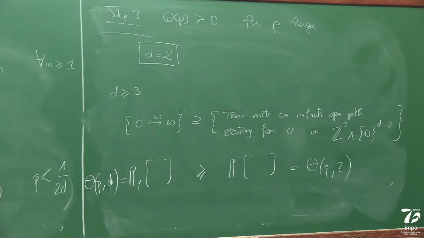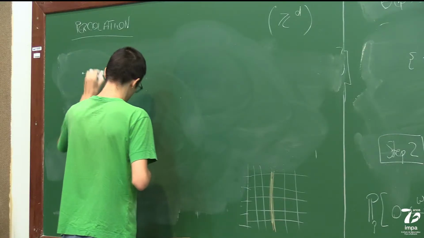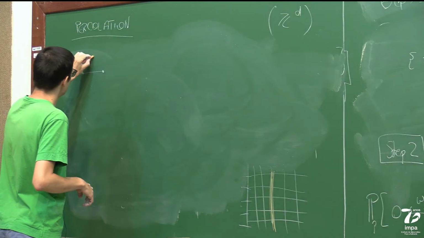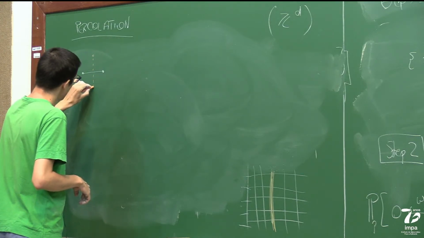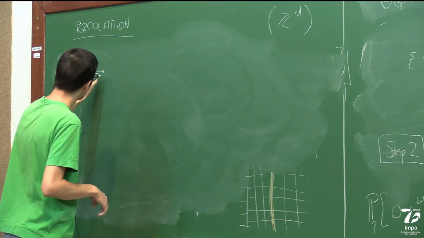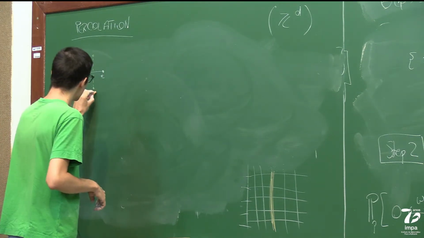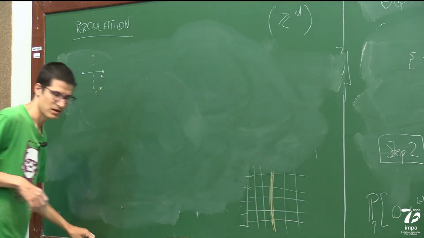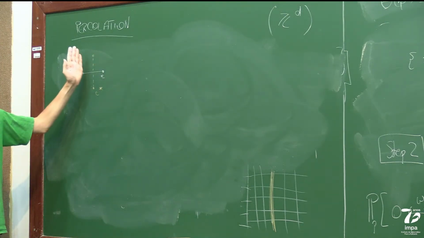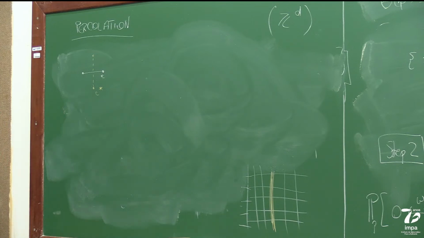Now we are going to use something more subtle, which is called duality. So what's the idea? We are going to start with Z^2, and we are going to draw another graph. For each edge e, we are going to consider an edge e star which is orthogonal to e and crosses it in the middle. So this is just for graphical representation.